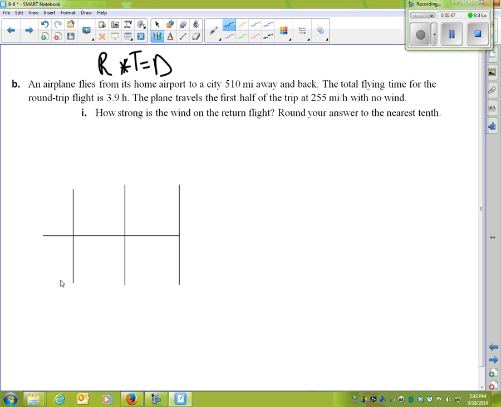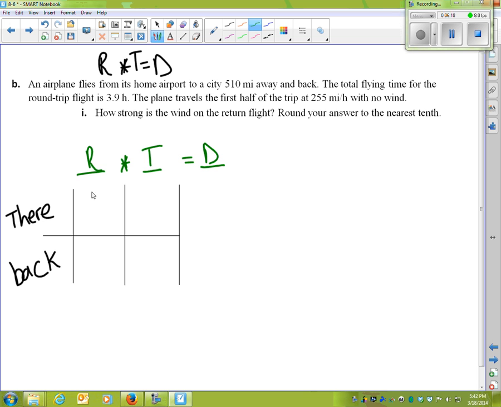So I'm going to label my two rows. It's flying there and back home. Up above here, I've got my rates, which is in miles per hour, the time, which is in hours, multiply them together, and that's going to give me my distance.